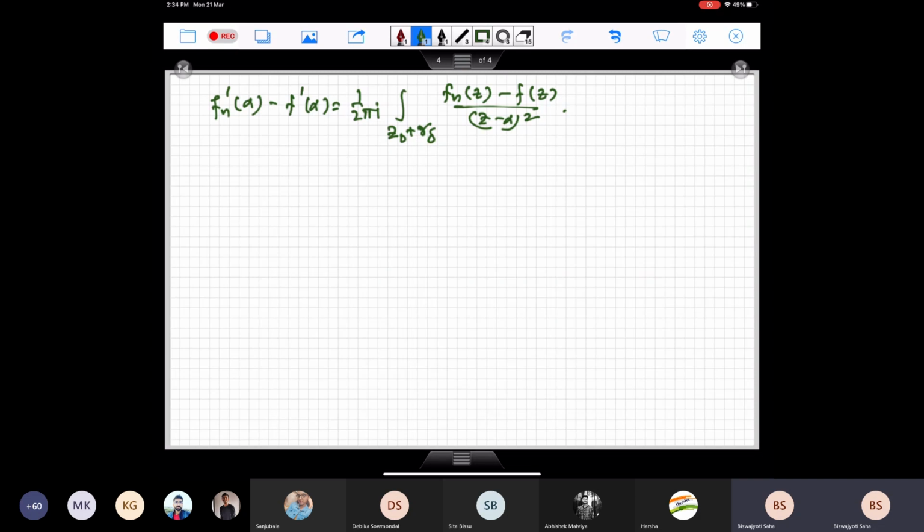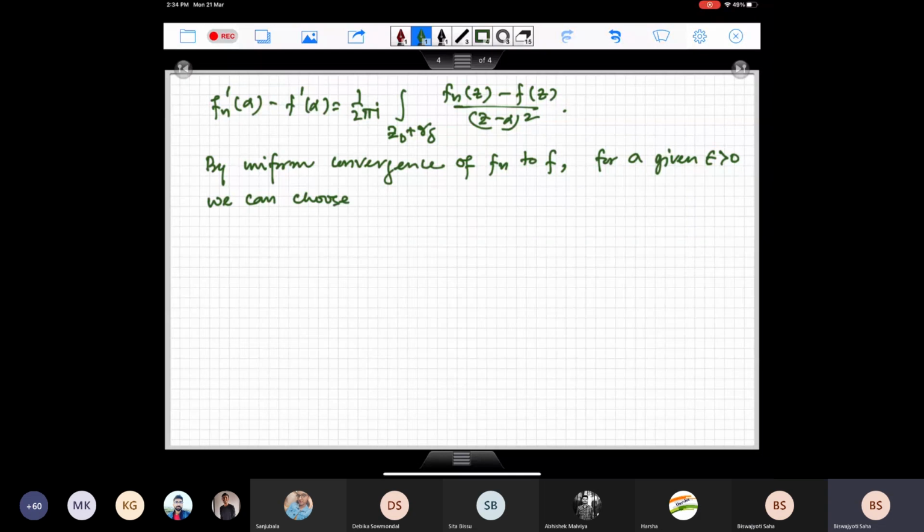So what can I do? By uniform convergence of Fn to F, for a given epsilon positive, we can choose n naught such that mod of Fn w minus F w is less than epsilon times delta for all n bigger than or equal to n naught.